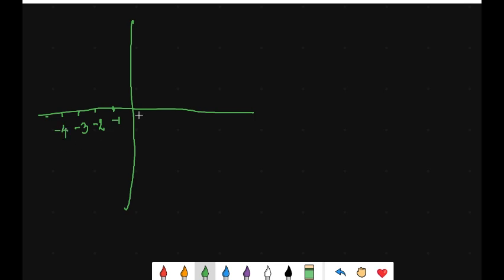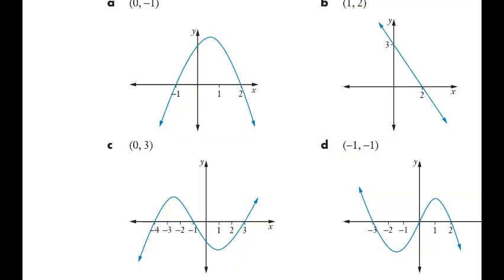And then 1, 2, and 3. What we saw in the book is that it is negative until -4, then it goes up, then at -1 it goes negative, and then at 3 it just goes up again.